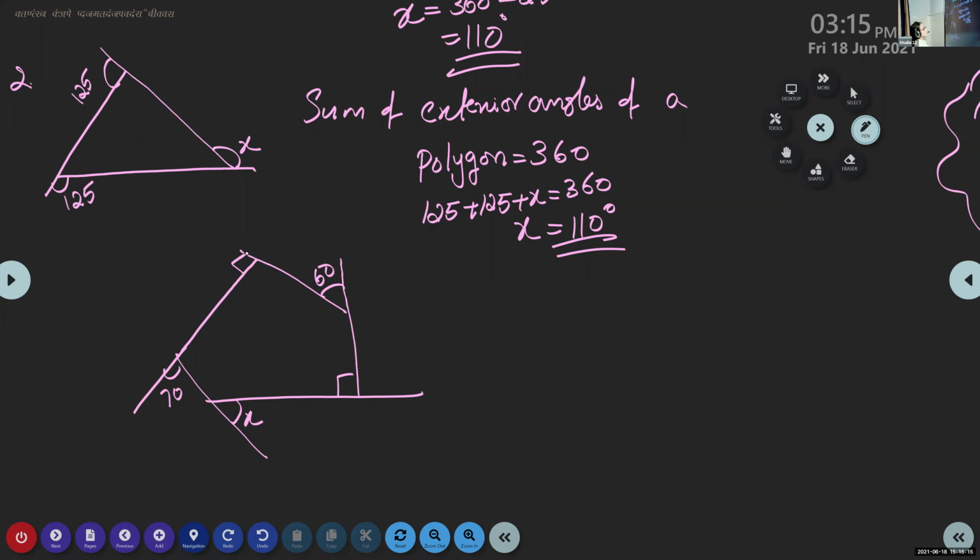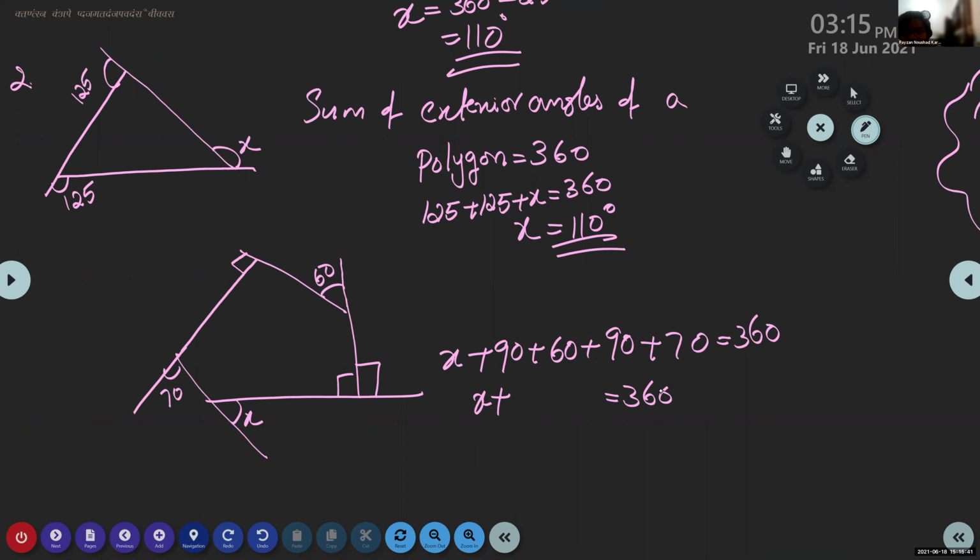Always write that sentence: sum of exterior angles of a polygon is 360. Then x plus 90 plus 60 plus 90 plus 70 equal to 360. The sum of 90, 60, 90 and 70 is 310. So x equals 50 degrees.